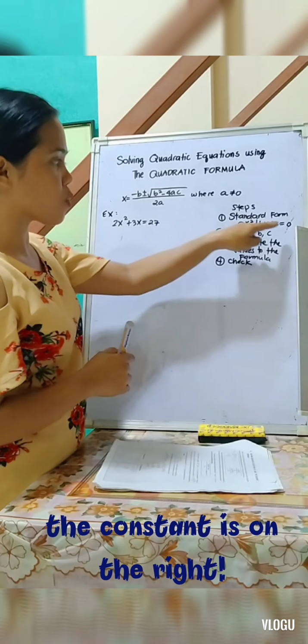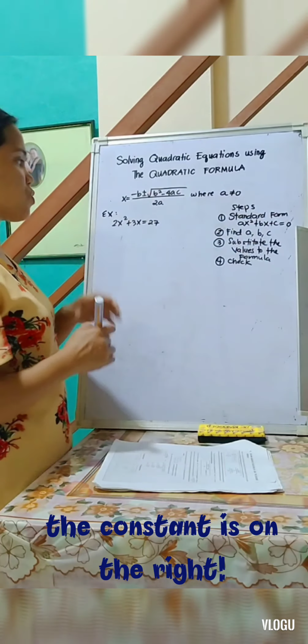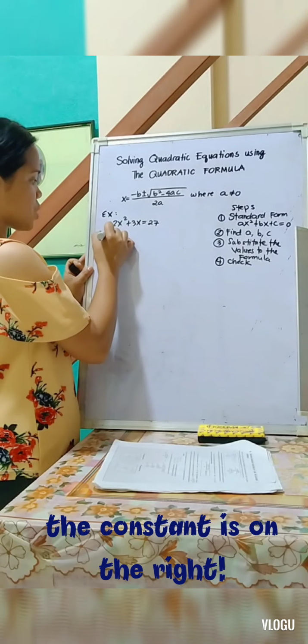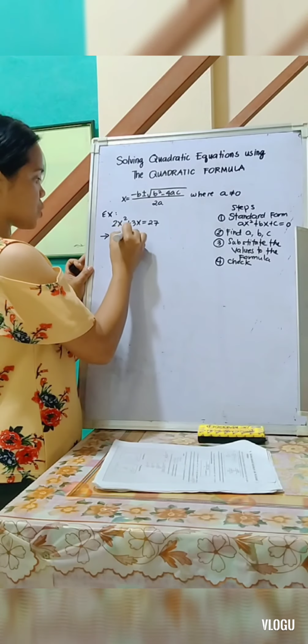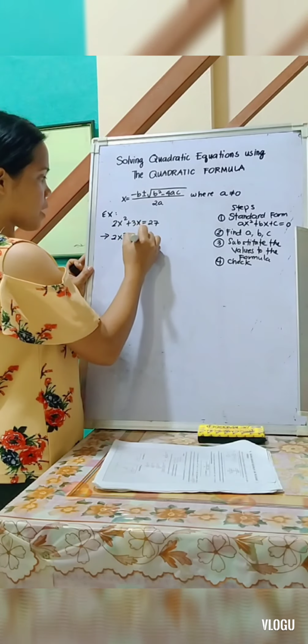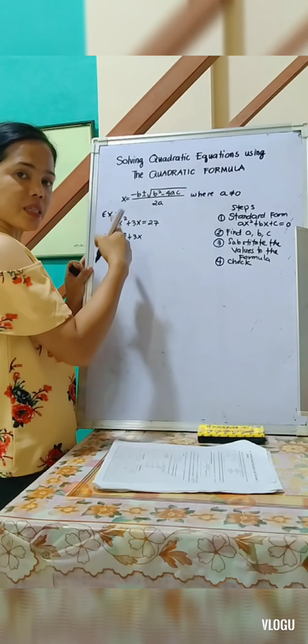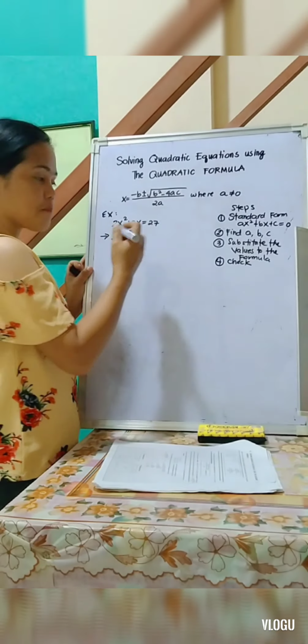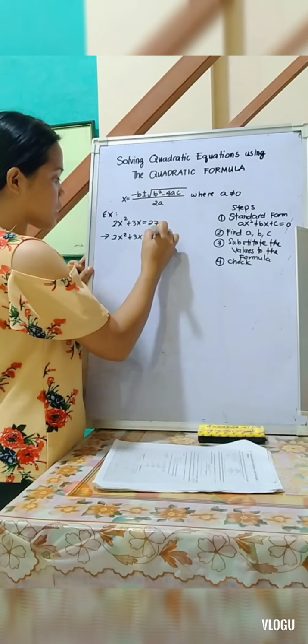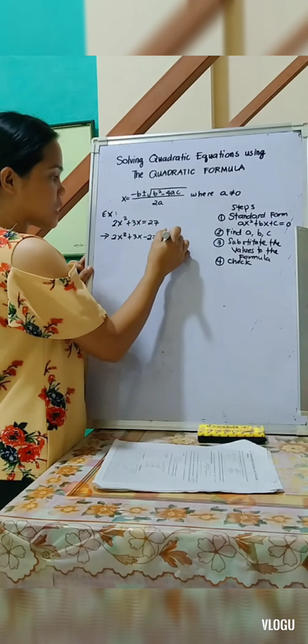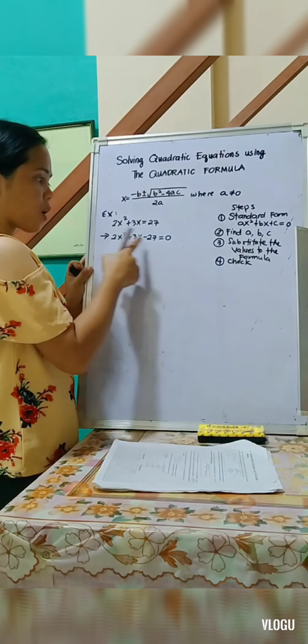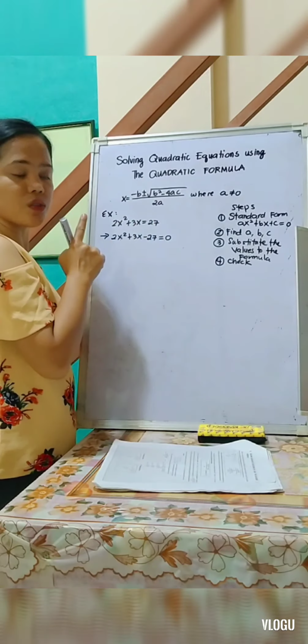Standard form should be equal to 0. So we need to transform this. So the equation now will become 2x squared plus 3x, positive 27 to the left will become negative 27 equal to 0.